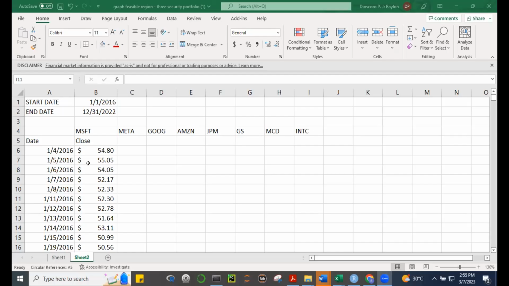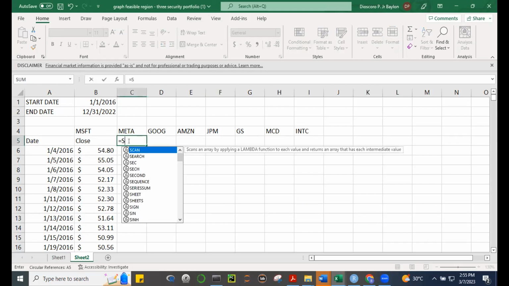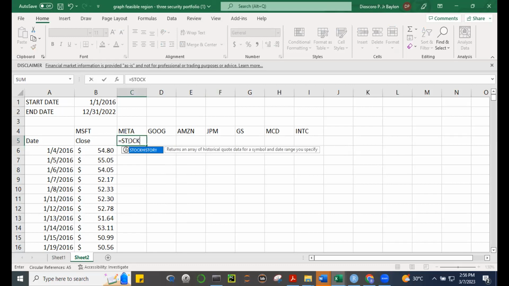So I was able to download here Microsoft. And then if I'm going to download also Meta, so I go here, it's equal to stock history. Okay, my stock is Meta. I'm going to copy this to the right, comma, start date.